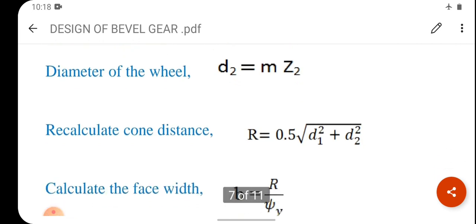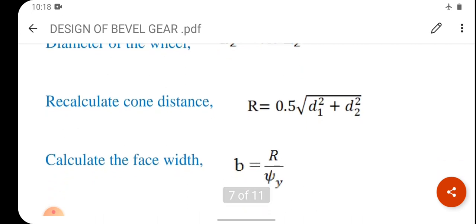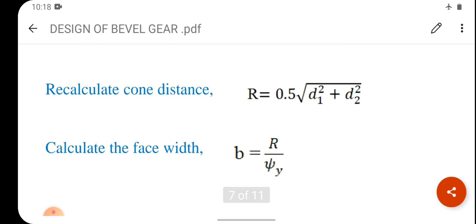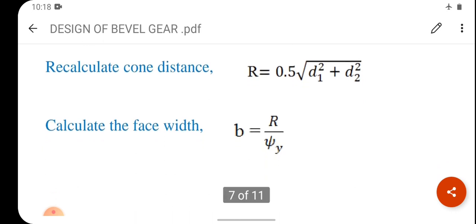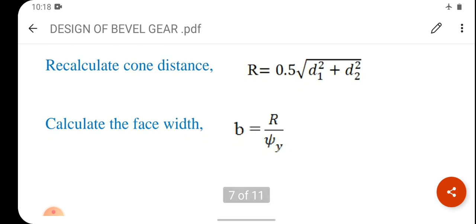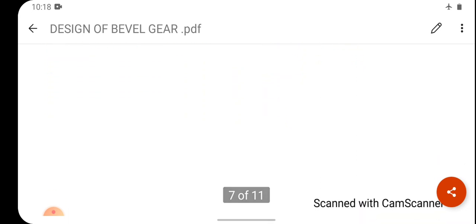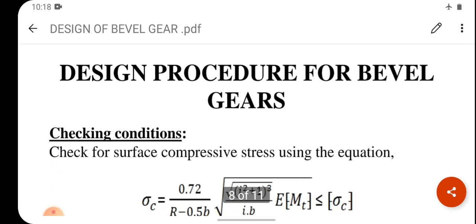From here you can calculate cone distance. Calculate the face width. Face width is given as R upon psi y. So face width, that is tooth face width b. Putting the value and you will get the face width of the tooth. By this formula you can calculate different parameters of gear tooth.